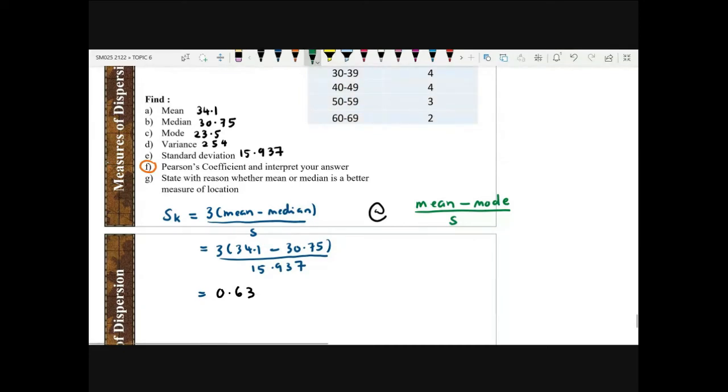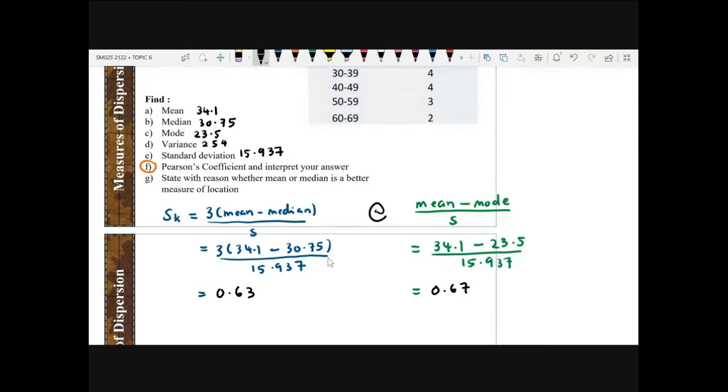Okay, so for this one, we would have 34.1 minus with 23.5 divided by still the same standard deviation, 15.937. Okay, for this one, sama, saya bagi masa, tekan calculator. Okay, you should get 0.67.